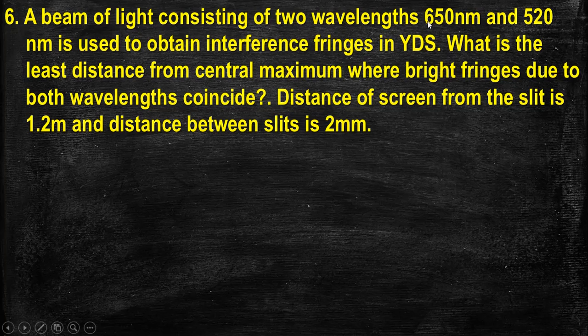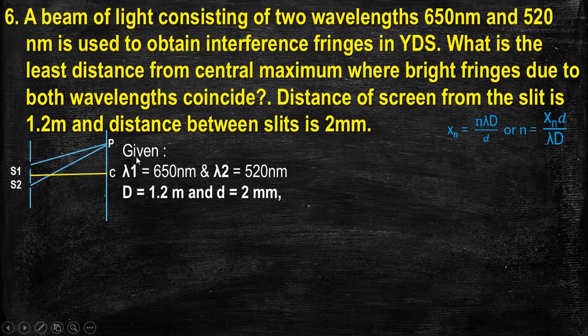Then if they switch off this light source and switch on this second light source, here are the given values: lambda 1 equal to 650 nanometer and lambda 2 equal to 520 nanometer. Capital D, the distance between slit and screen, is 1.2 meters and the separation between two slits is 2 millimeter. So now if you use lambda 1, that is 650 nanometer, then you have some bright region, the nth bright region.